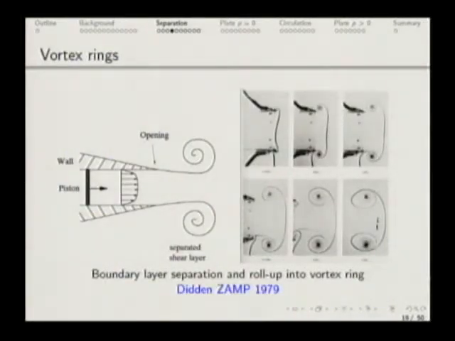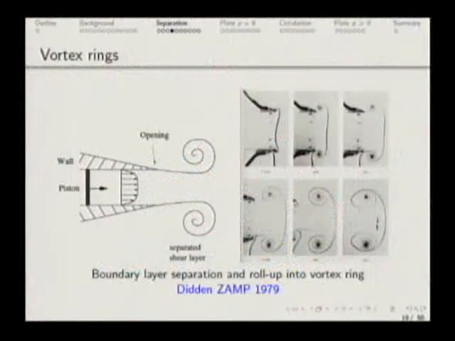Vortex ring: this is an axisymmetric flow. I have a tube. This is an experiment done by Didden. It has a big tank full of water, a tube in the water, so there's water everywhere. And he pushes with a piston. He pushes water out of there. That creates this flow, but there are boundary layers of vorticity along the wall.